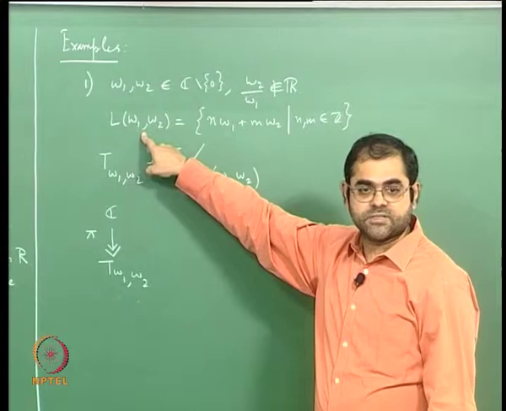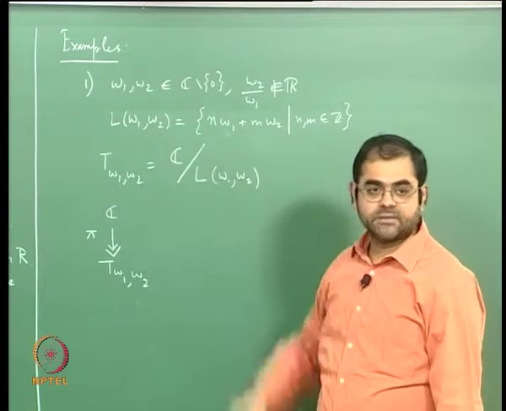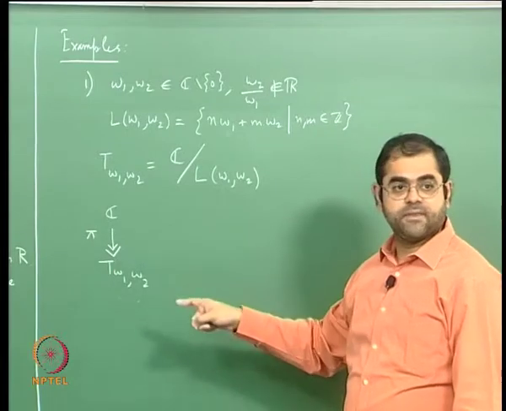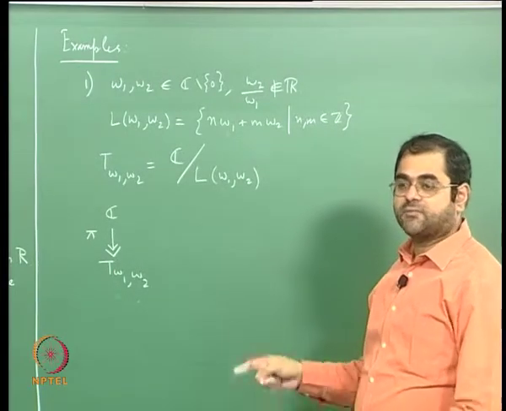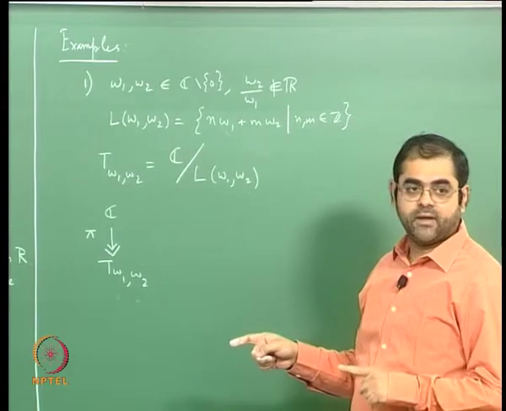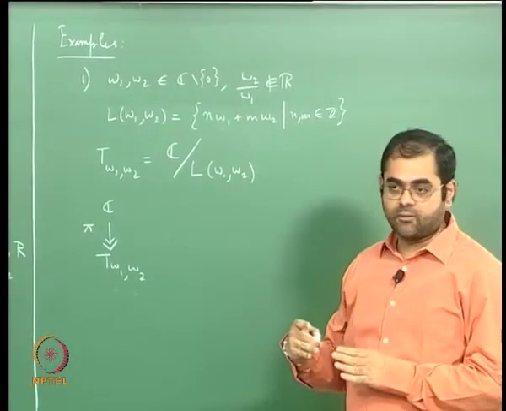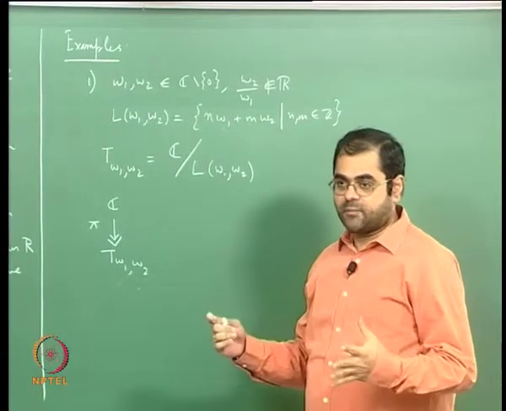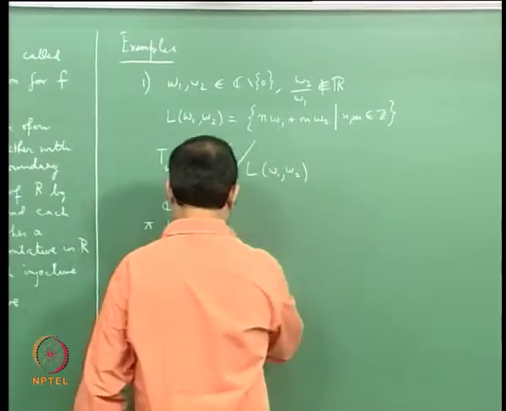For this map the fundamental region is part of the fundamental parallelogram. You throw away two adjacent edges of the fundamental parallelogram and keep the rest, then that will be a fundamental region.